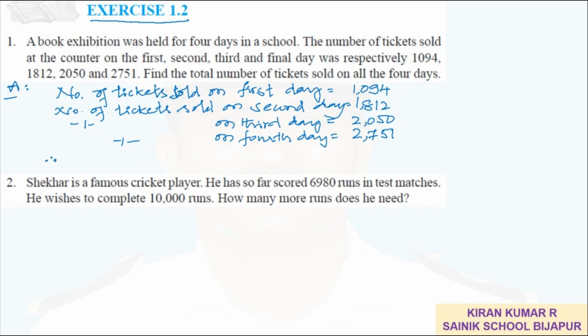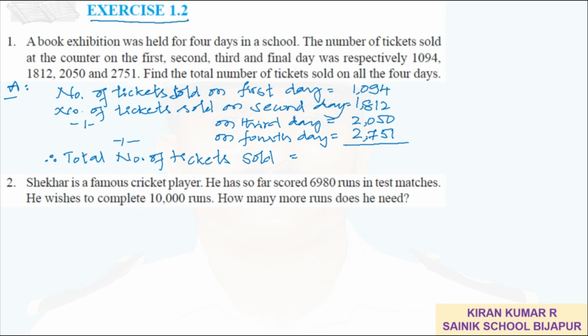Therefore, the total number of tickets sold will be equal to the sum of these 4.